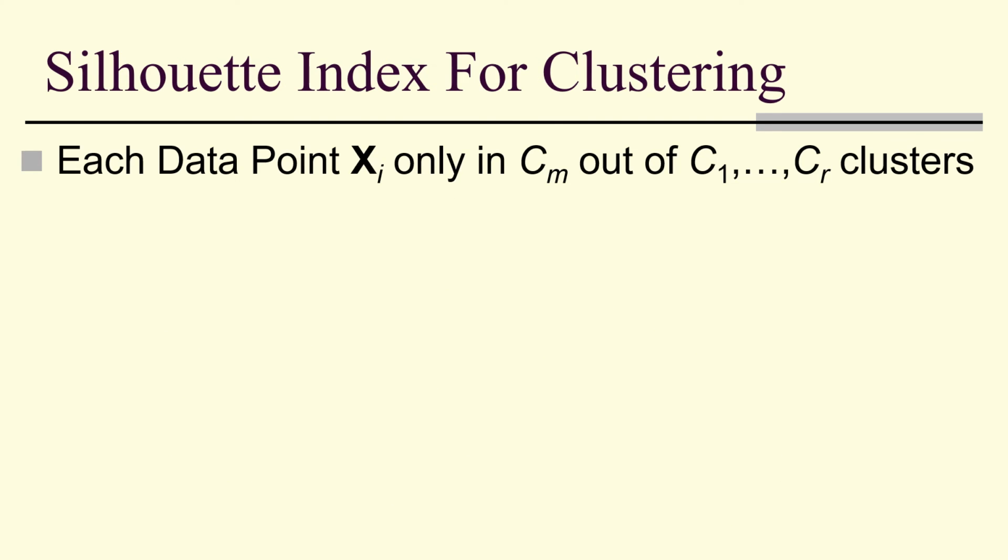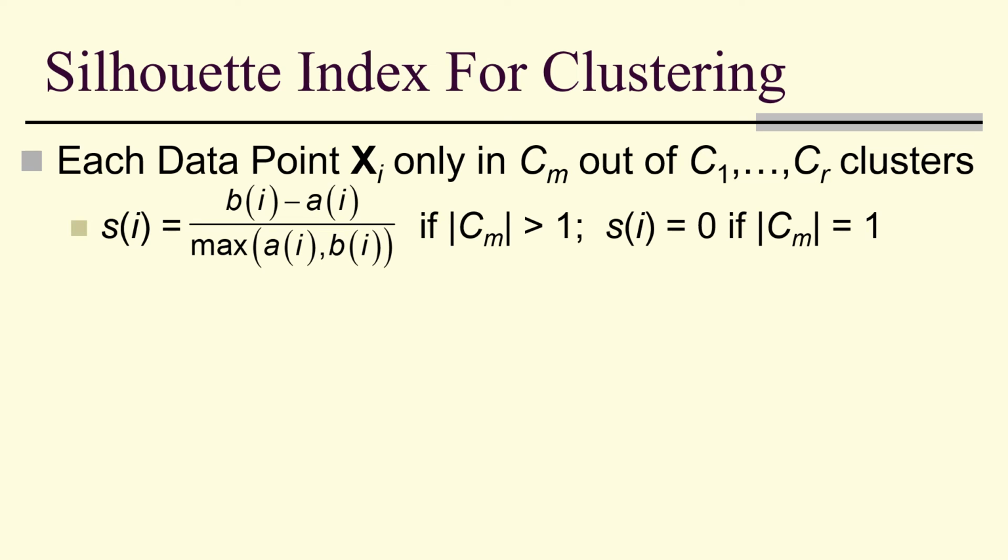So the silhouette index is defined to be the difference between b sub i and a sub i over the maximum of a sub i and b sub i. This is if we have more than one observation in our cluster. Otherwise, the silhouette index is 0.